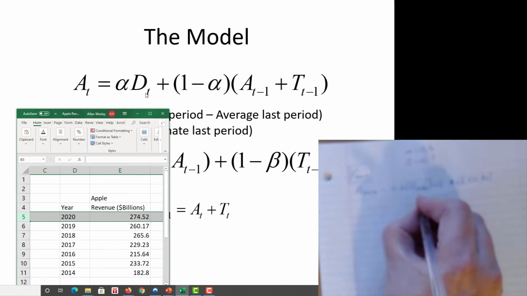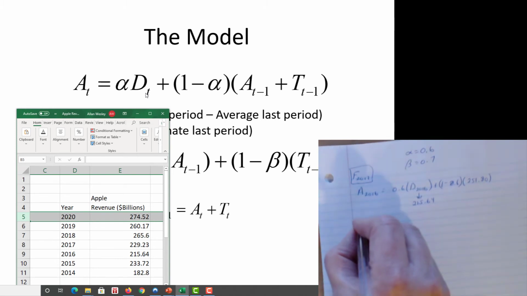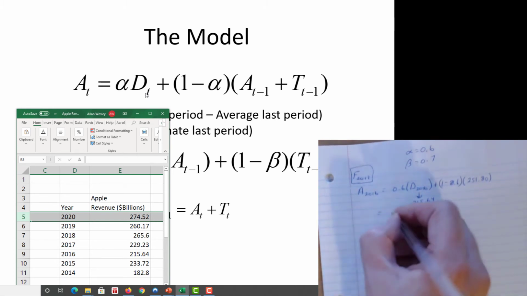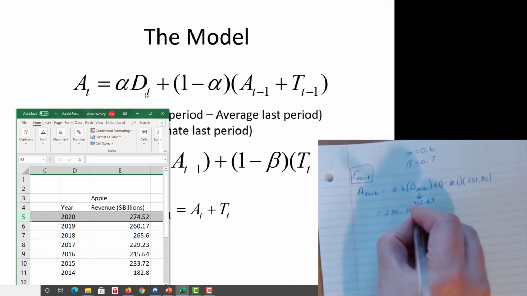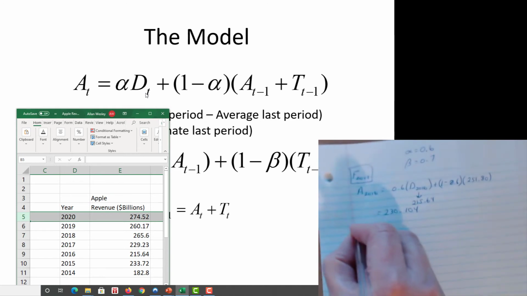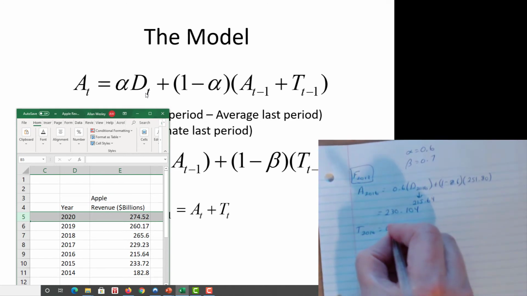The demand for 2016 is just a read off the table, 215.64. Bring all that together, and that equals 230.104.